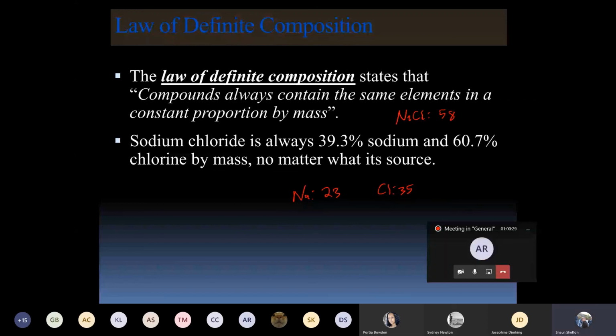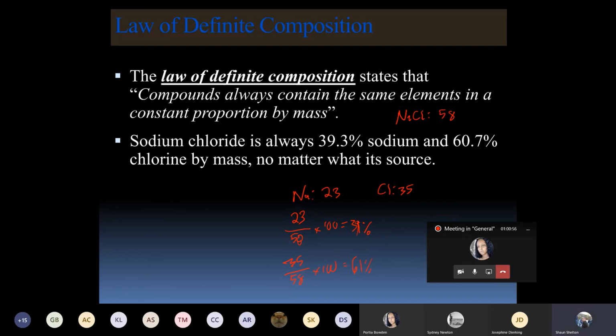The way this works is you take your 23, divide by 58 times 100, and that's where you get the 39% from. You do the same for chlorine, where you take 35 divided by 58 times 100, and that will give you the 61% that you see there.